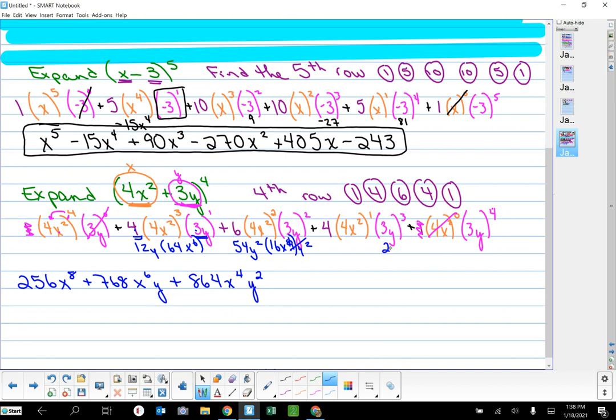And then this one's 27y to the third times 4. Well, this would be 16x squared. And then you can multiply that out, and that's going to give you 432x squared y cubed. And 3 to the fourth is 81y to the fourth.